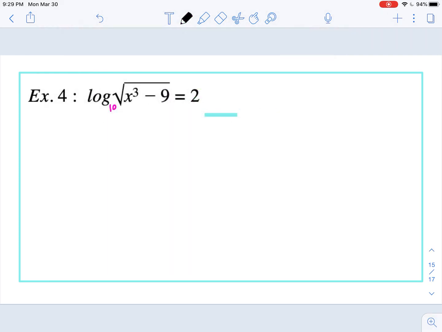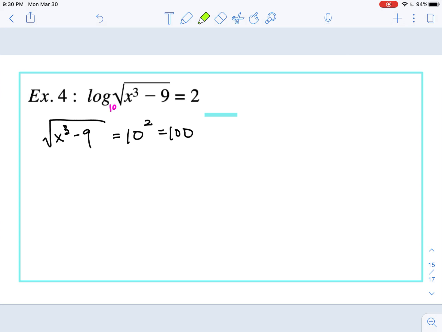If I look at this question, even though it has a square root and maybe looks a little scarier than some of the other ones we've done, the log is already isolated and there's only one log. So I can go ahead and write this in exponential form, where I have the thing that's being logged equals the base to the power on the other side.